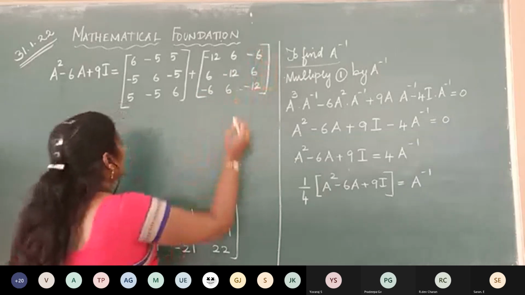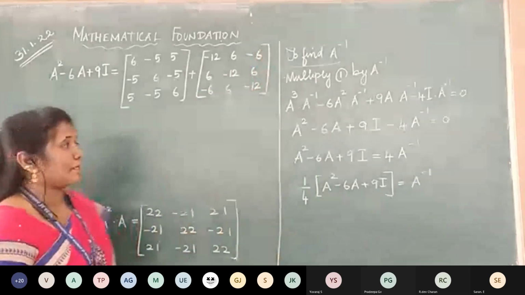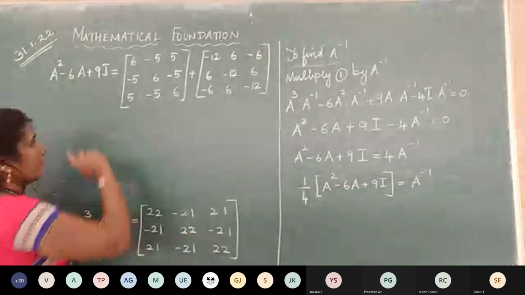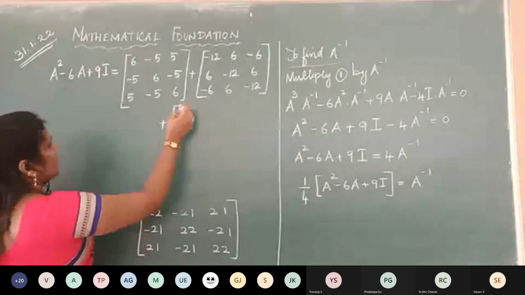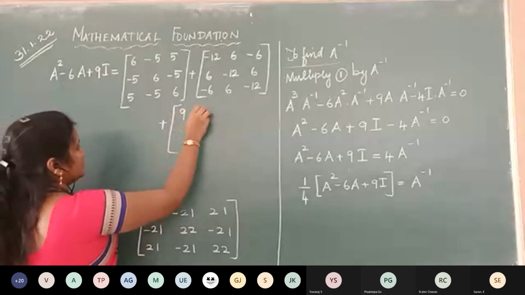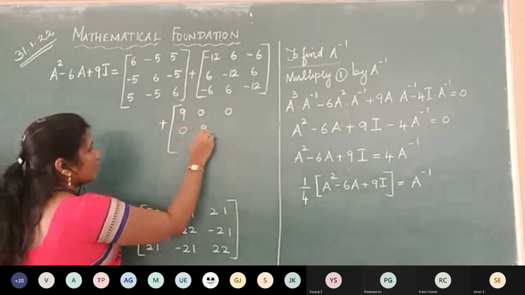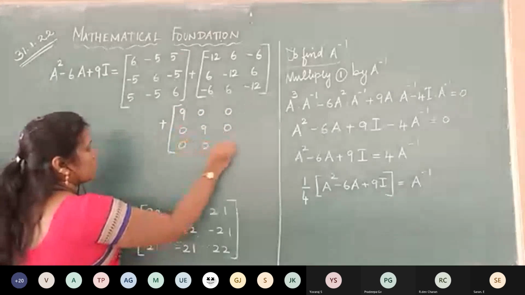Just check whether I multiplied your minus 6 correctly in the given matrix. Then you've got your 9 into the identity matrix: 9, 0, 0, 0, 9, 0, 0, 0, 9.